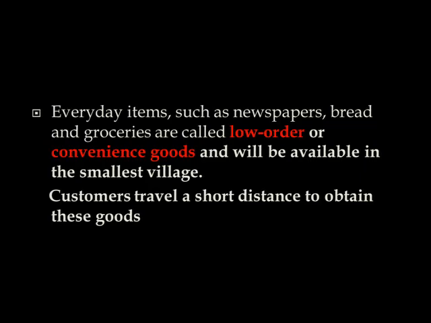Why are we saying in the smallest village? We are saying even a smallest shop, a smallest town will have a loaf of bread, will have a newspaper. So these are low order functions, and we find them in those small service centers that we have.